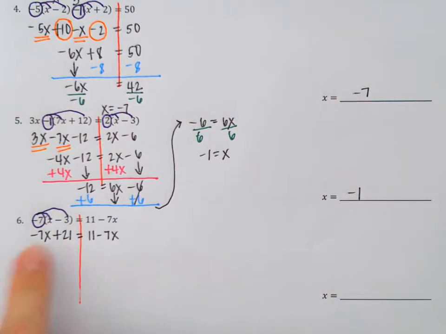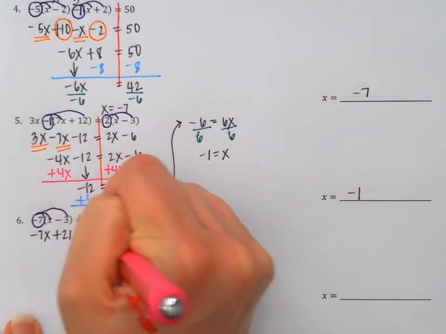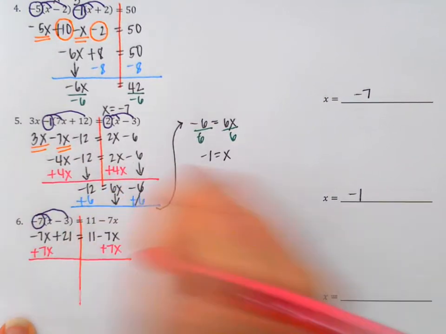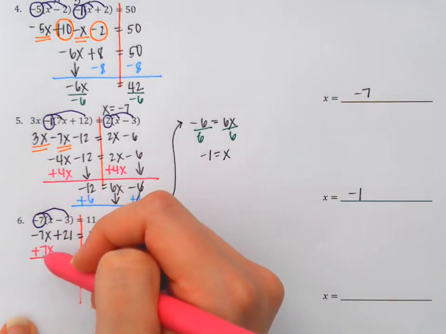No like terms on the left, no like terms on the right. So what I'm going to do is I'm going to move my variables to the same side. Doesn't matter which side, so I am just going to add my 7x from here to the other side, but hopefully you're seeing what's about to happen. Well, negative 7x plus 7x is 0.